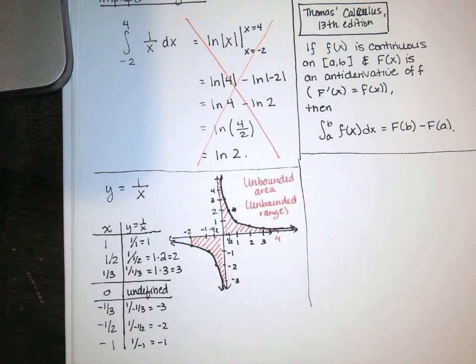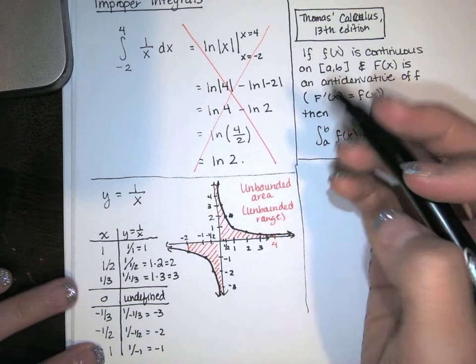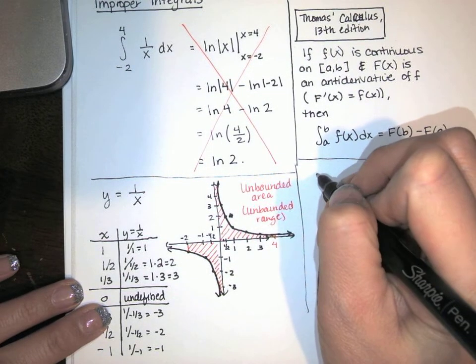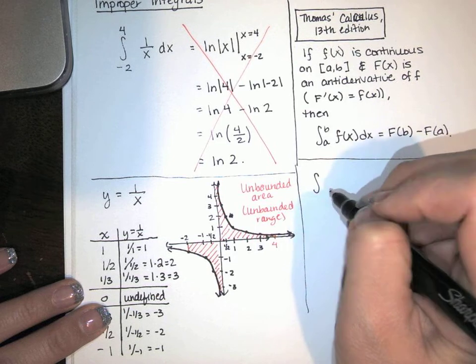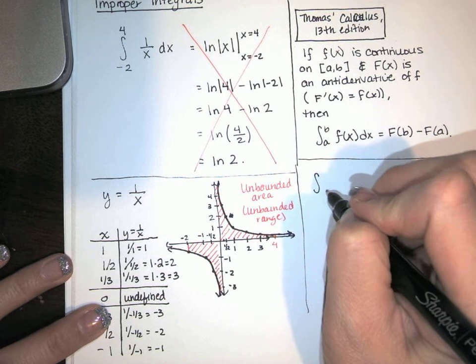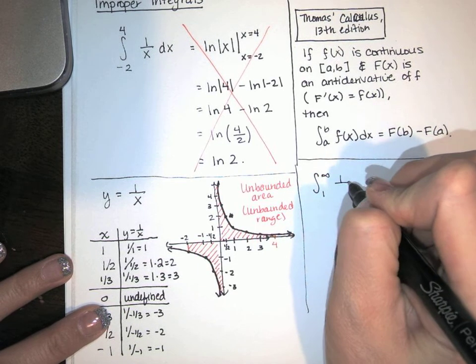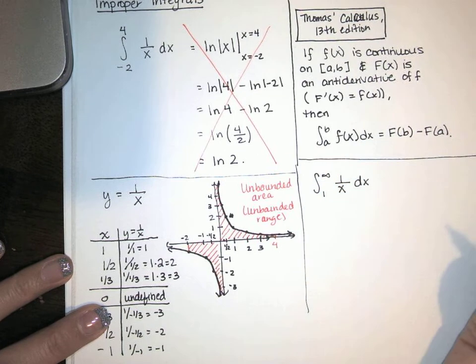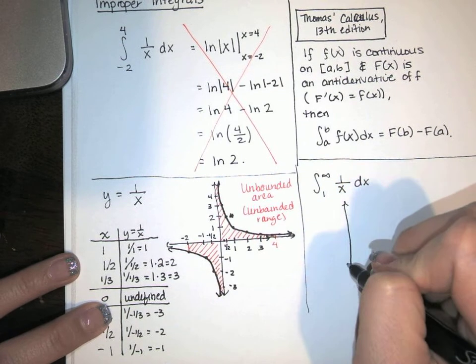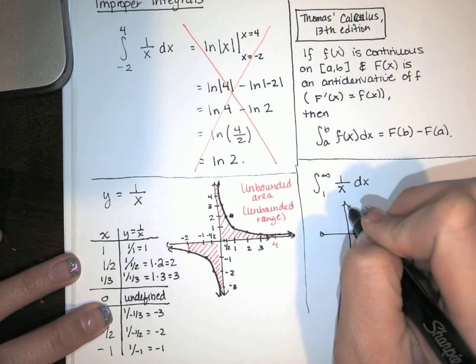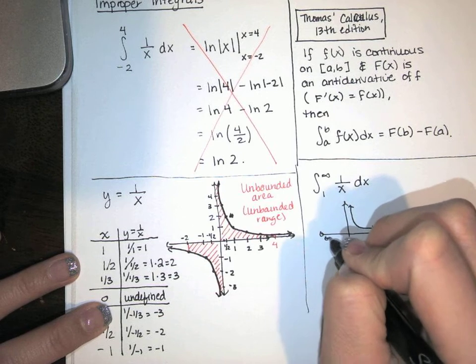The other possibility is we could have an unbounded domain. So here's another type of improper integral. Let's say you have the integral, even the same function, from 1 to infinity of 1 over x dx. So the graph is going to look the same basic shape.